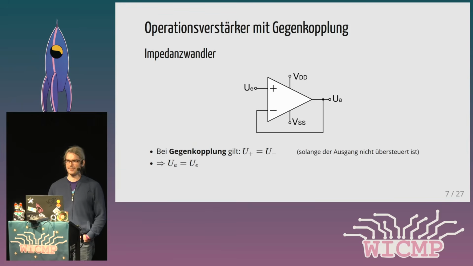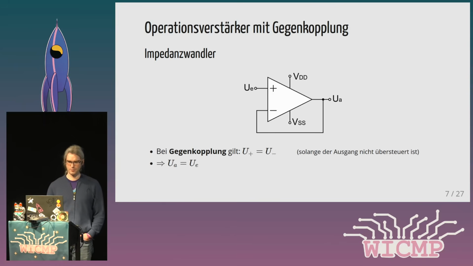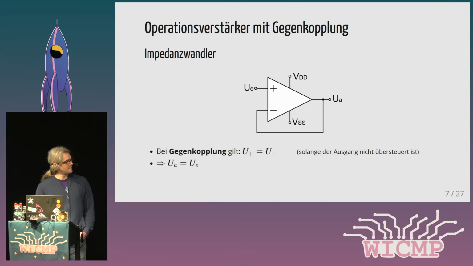but let's continue with the schematic. This is an impedance converter. We connect the output with the negative input. And we can think about what happens if there is a minimal difference between the plus input and the minus input. Let's say the plus input is a little bit larger than the negative input.